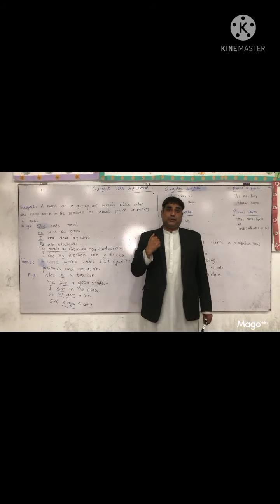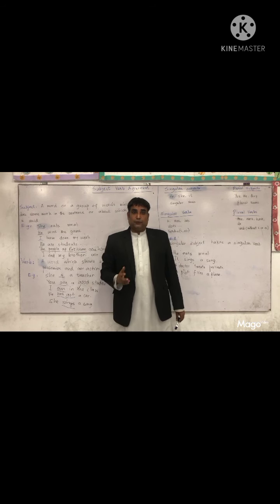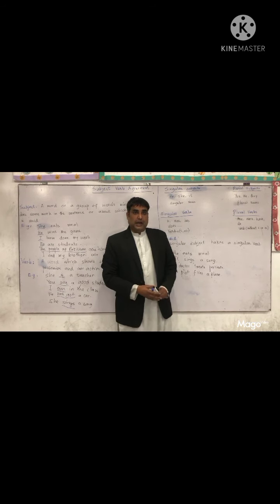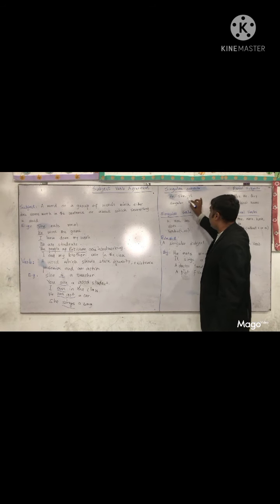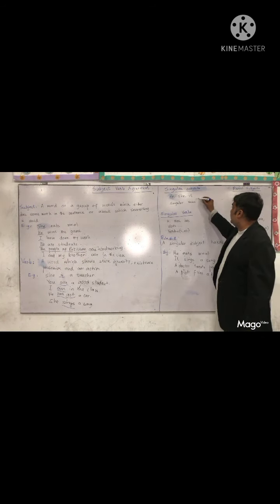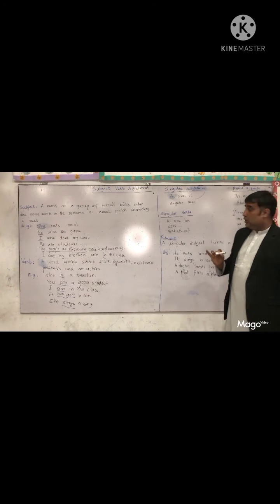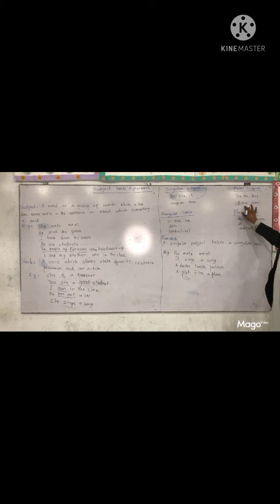So subject can be singular or it can be plural. Verb can be singular or verb can be plural. He, she, it and singular nouns are called singular subjects. You, we, they and plural nouns are called plural subjects.